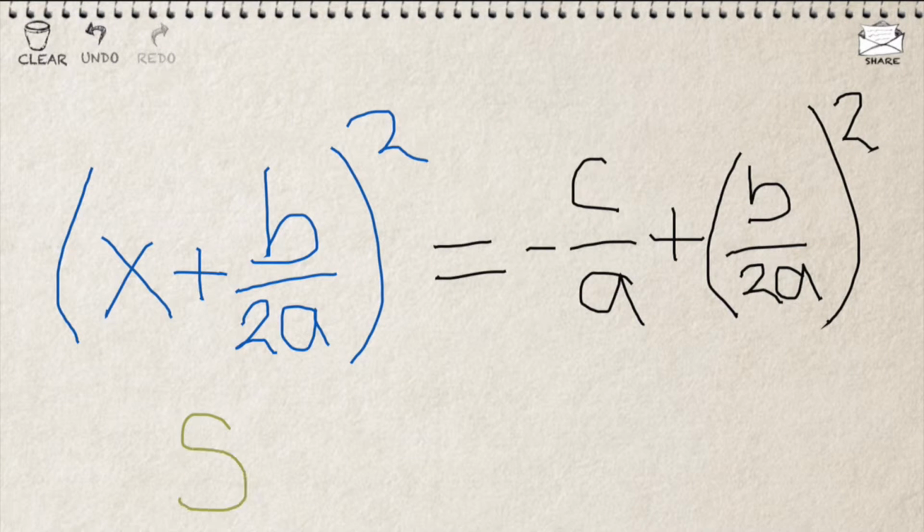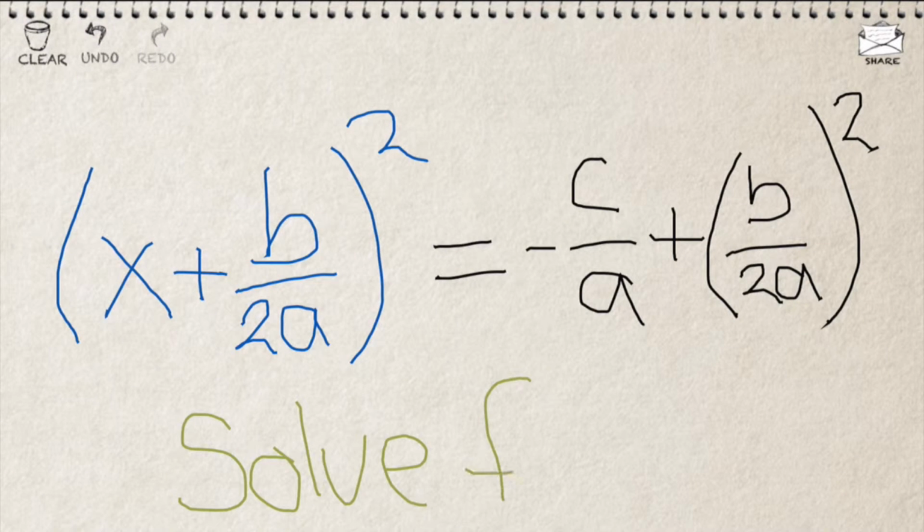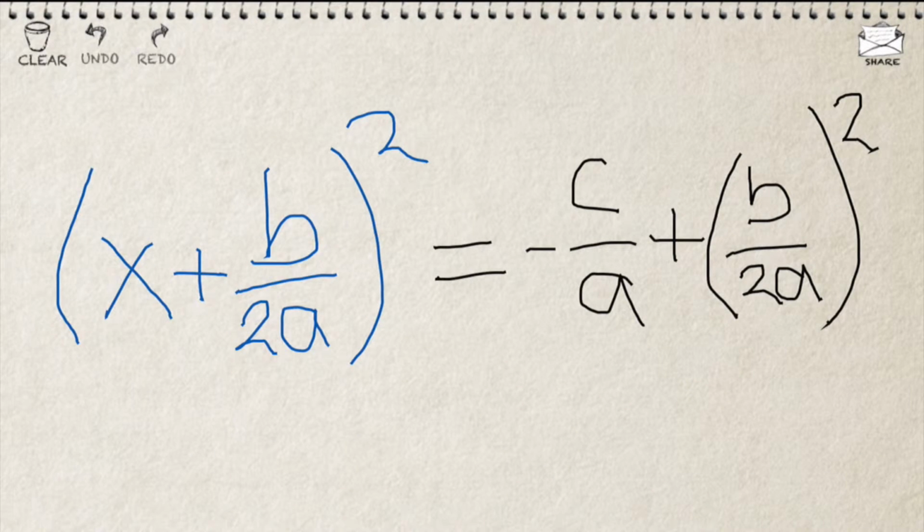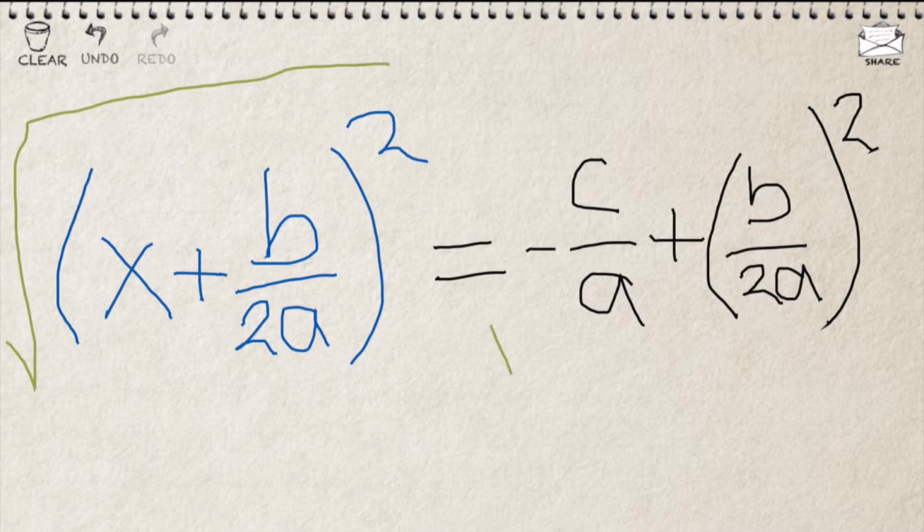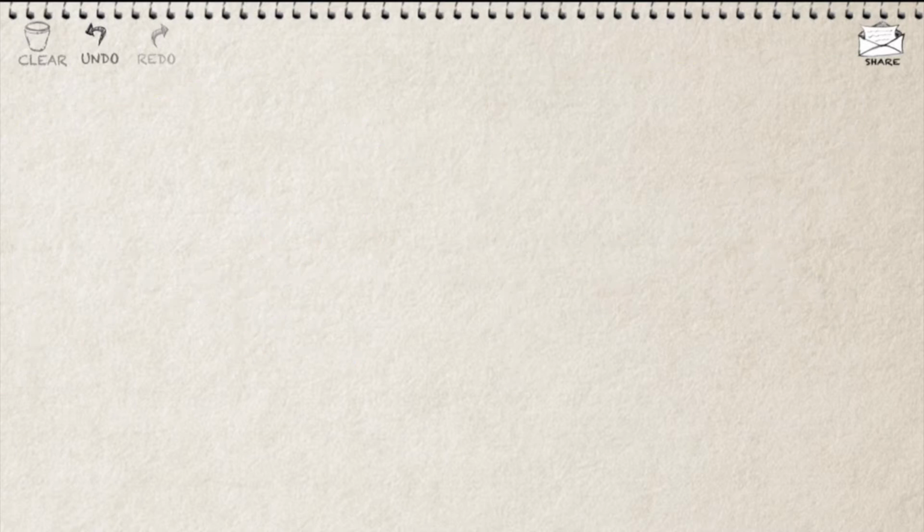Once you've gotten here, it's pretty simple because you only have one x now. So now the only thing you have to do is solve for x. We will be starting by taking the square root out of everything and rewrite it down.